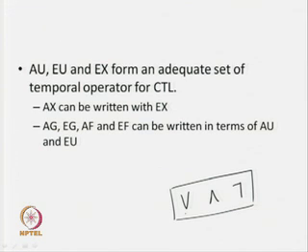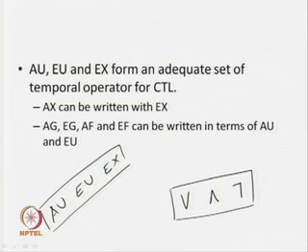Like that in CTL, AU, all-paths until, EU, exists-path until, and EX, these 3 form an adequate set of CTL operators, because other operators can be expressed with the help of these 3.